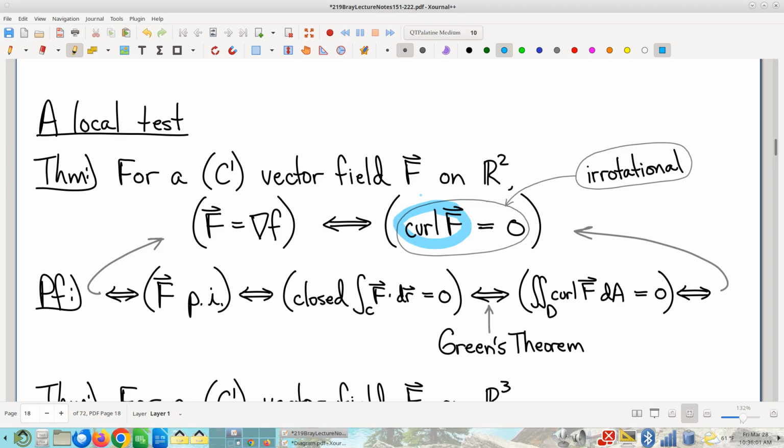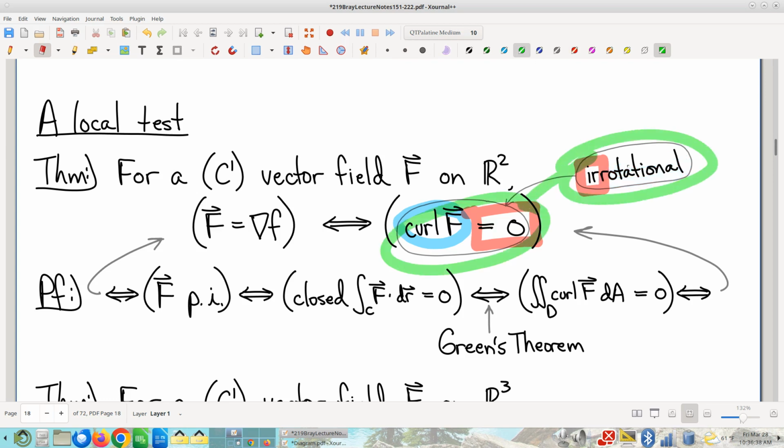So curl is measuring the rotational aspect of the fluid. So if there is no curl, then there is no rotational aspect. And irrotational, I guess they could have said non-rotational or unrotational, but for whatever reason, the grammar seems to be irrotational. But that's just a representation of there being no rotational aspect to the fluid. So this is a very, very natural choice of terminology.